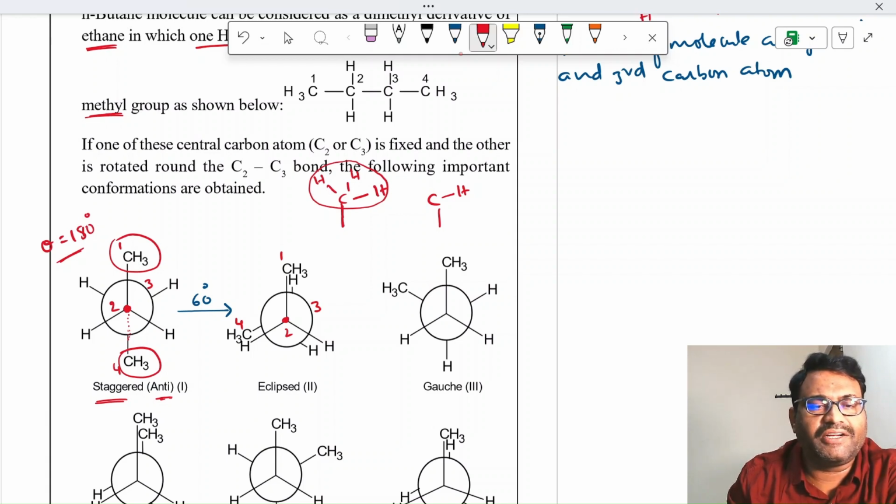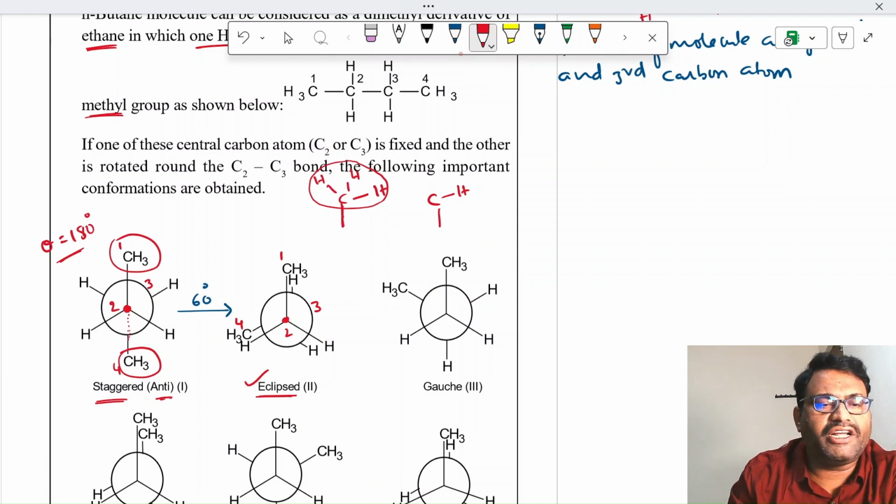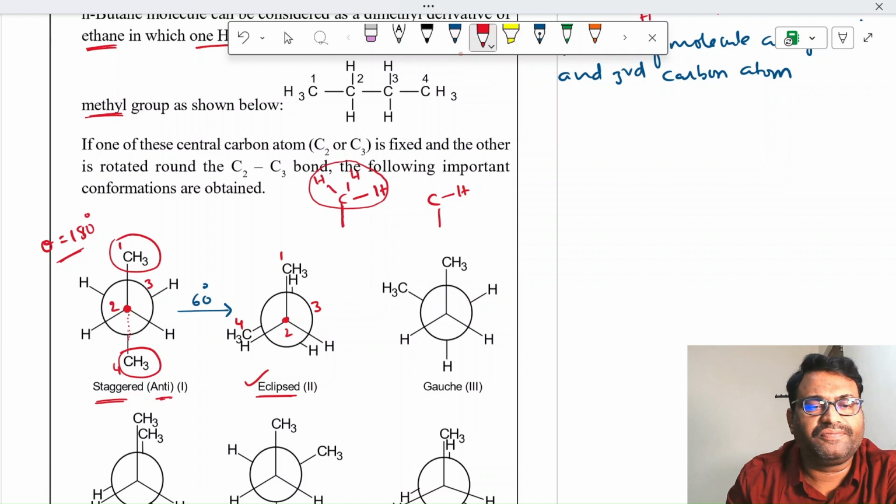Then such a conformation is called what? Eclipsed conformation. Here CH3 is eclipsing hydrogen, H is eclipsing CH3. So on rotating the staggered form by 60 degrees, we get the eclipsed conformation.